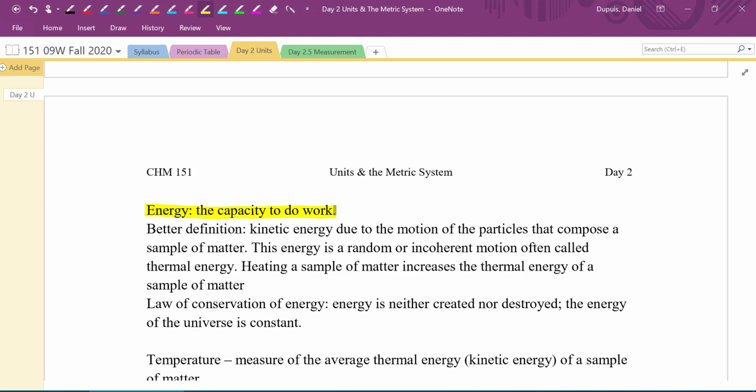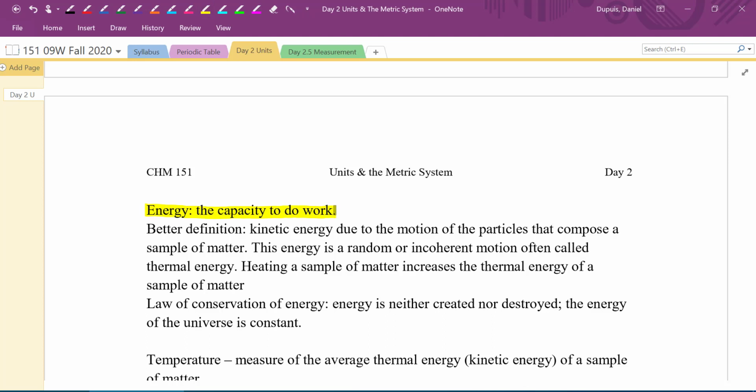And like if you can't sit still, your legs are moving or something. You're not really moving relative to your chair, but you're vibrating, right? And so this energy is a random, incoherent motion, right? So it's not organized at all. It's just totally random, and we call it thermal energy. If we heat a sample, we increase the thermal energy.